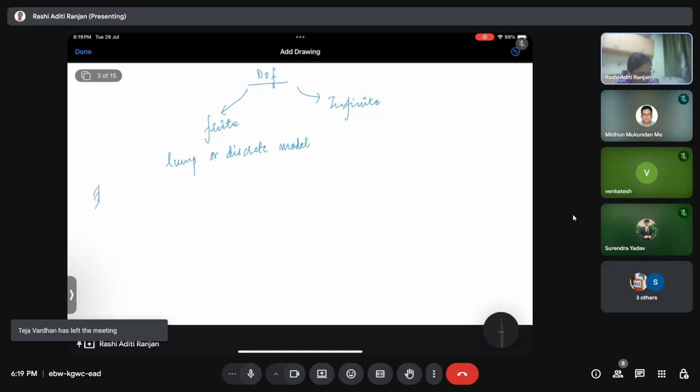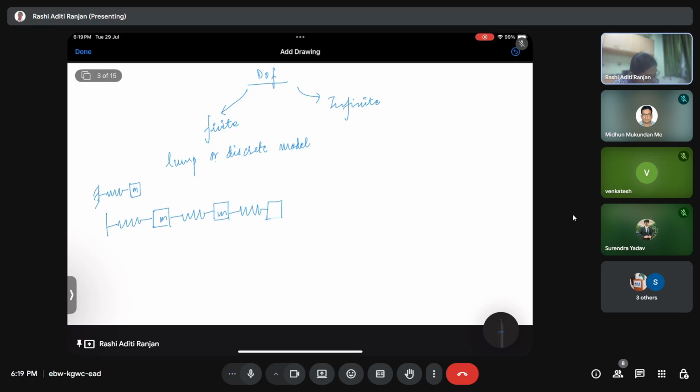We can have a spring and a mass system. This is a single degree of freedom. We can have multiple springs and mass, like this is a 3 degree of freedom system. These all come under finite number of degrees of freedom. And we call it a discrete or lump model because the masses are lumped at finite number of points, right?